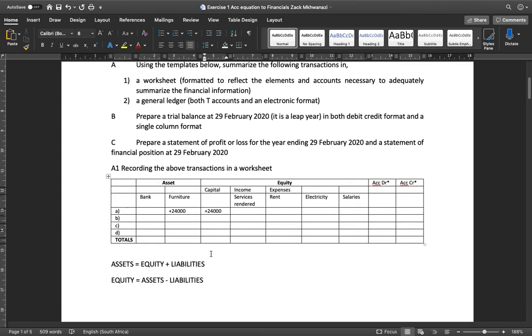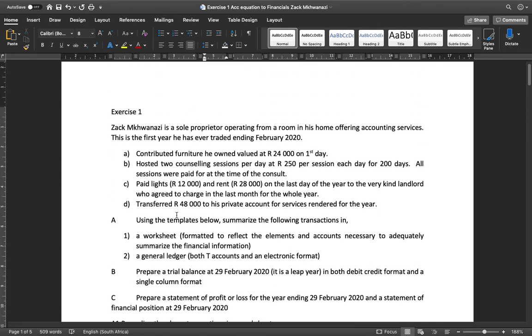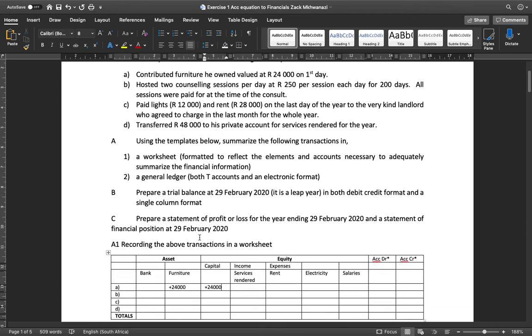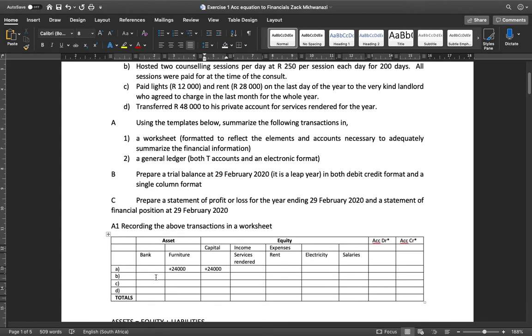The second entry, the counselling sessions, we've already done the maths. It's 100,000 Rand for the year. So we know that this money, it might have been banked every day, it might have been banked once every second day, every week, month, whatever. It could even have been banked at the end of the year. But my bank has gone up by 100,000 Rand.